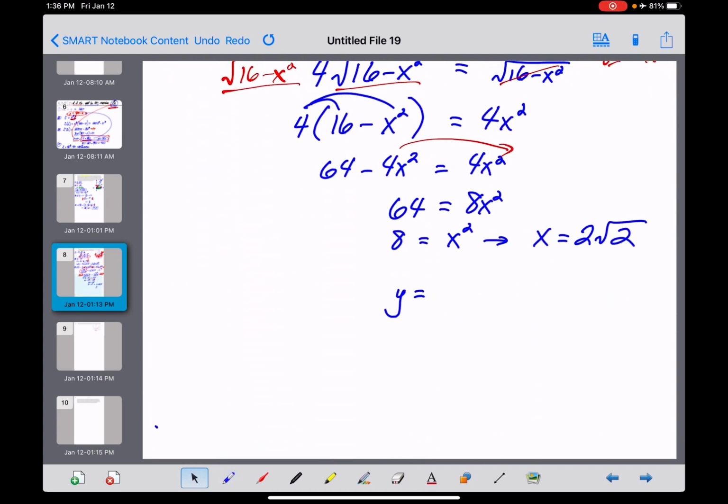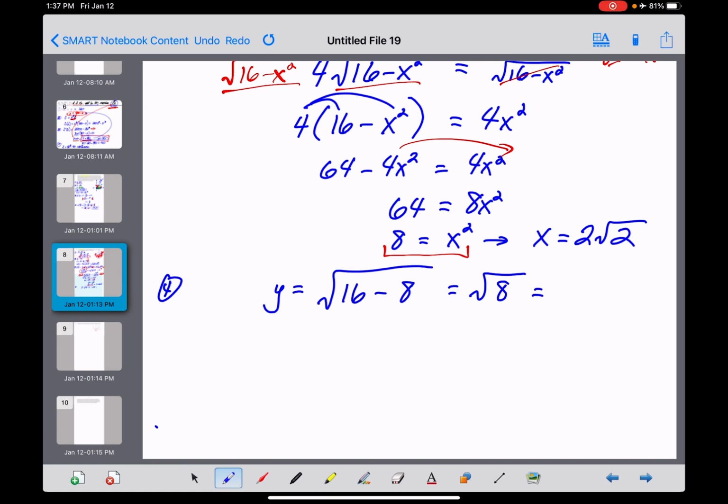And you know what? I probably should have moved this over a little bit. And I guess I'm moving on to step 4 now. Y is the square root of 16 minus x squared. Well, remember, guys, right there, it tells you that x squared is 8. Oh, so y is the square root of 8, just like x was, which is once again 2 root 2.